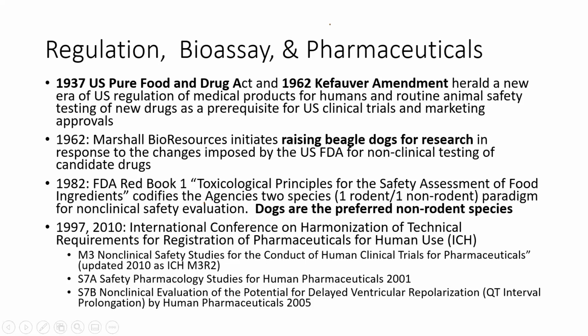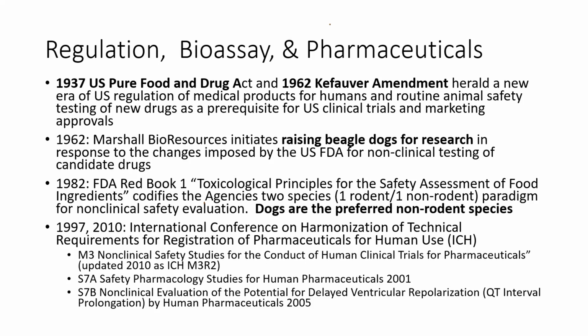In 1962, Marshall Bioresources initiates raising beagle dogs for research. And they do this in response to the changes imposed by the US FDA for non-clinical testing of drug candidates. This was codified in the 1982 FDA Red Book 1, Toxicological Principles for the Safety Assessment of Food Ingredients.